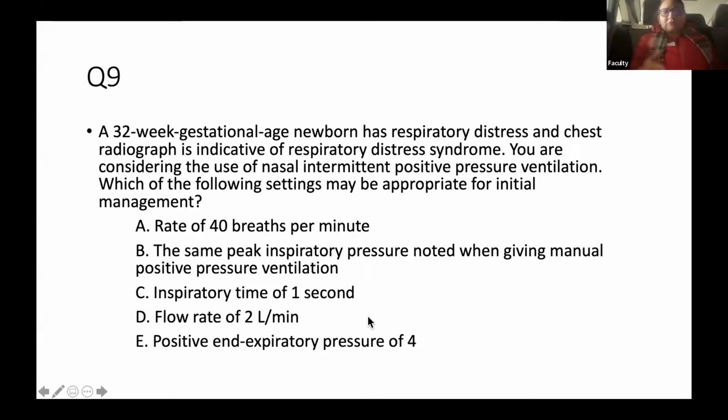Inspiratory time would definitely not be 1 second, it will be different. And the PEEP, you will start with how much PEEP? 5. Yes. And PIP? 15, 16. Yes, and then you will look at how much is the chest rise and you will change it, right?